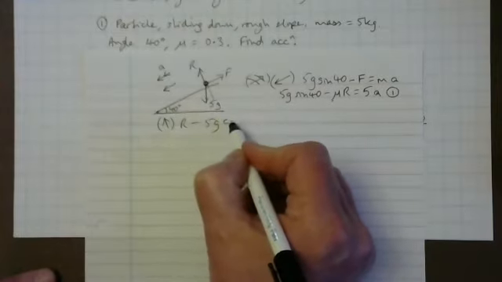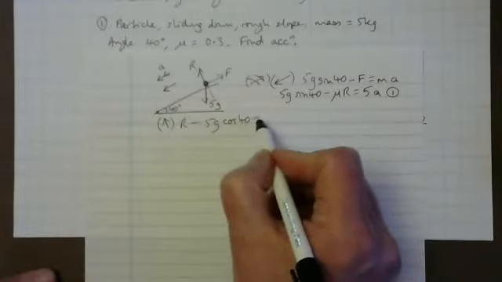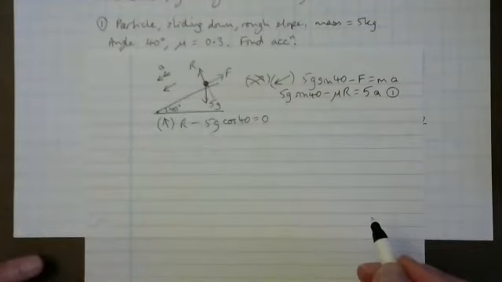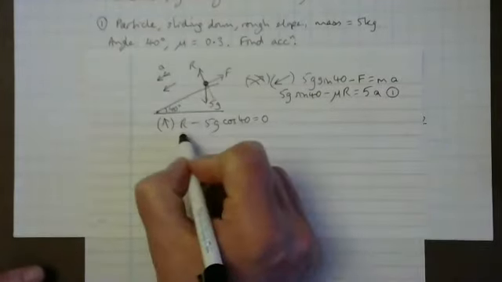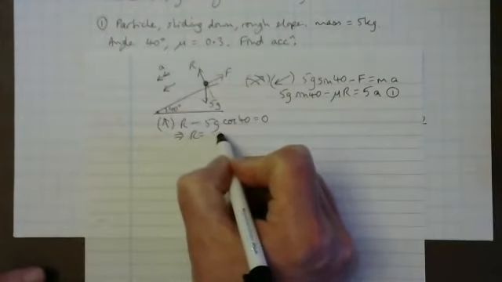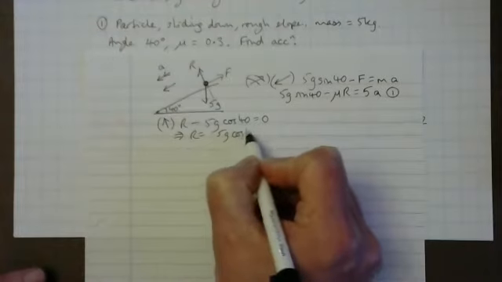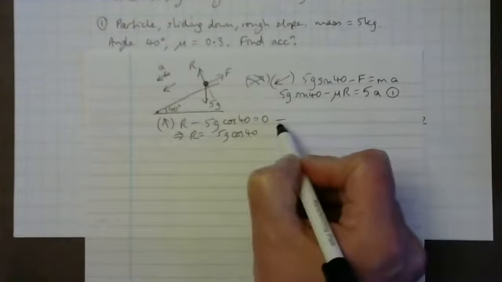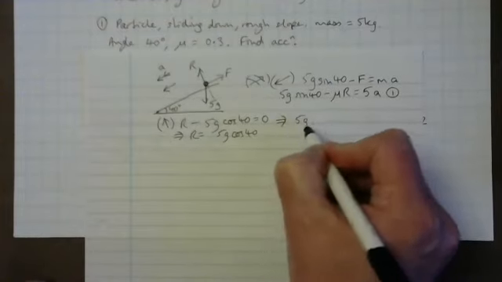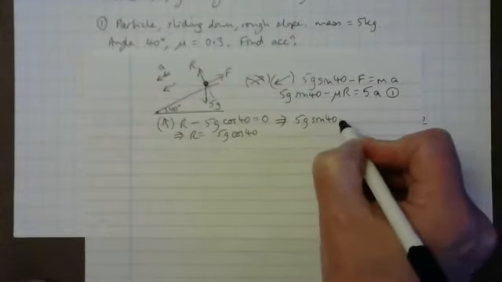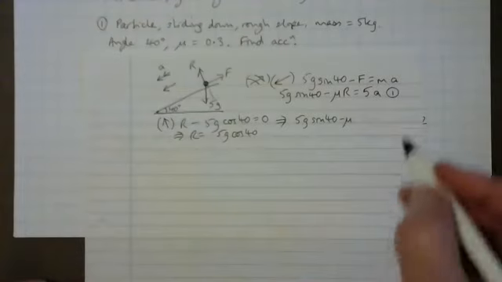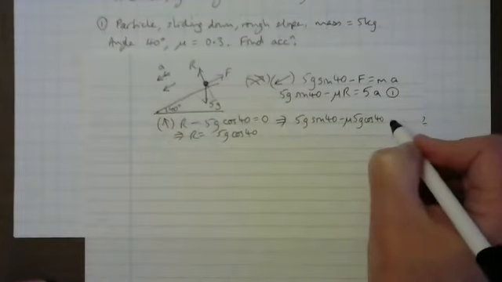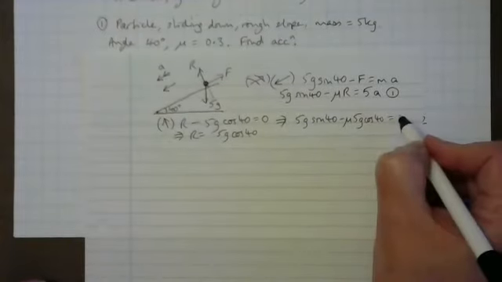So it's 5g cos 40, equals, well, it's not going through the plane, so it equals 0. So R minus 5g cos 40 equals 0. That implies that R equals 5g cos 40. I'll leave it as that and bring it into equation 1. That implies 5g sine 40 minus mu 5g cos 40 equals mass 5 times acceleration.